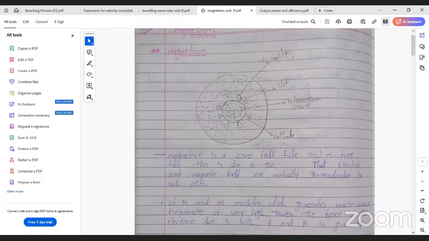I will draw this diagram on the whiteboard. Here in the diagram, what do you have? One circle is there, and outside one big circle is there.